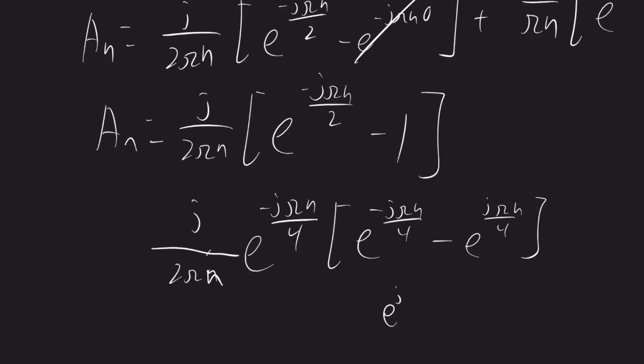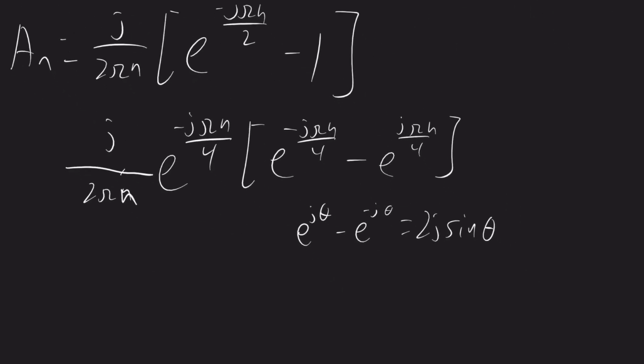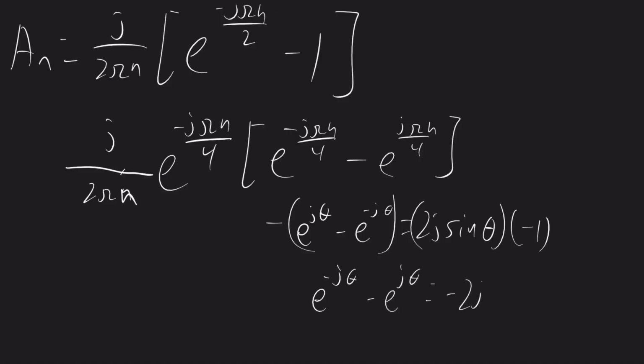So from Euler's formula, we know that e to the j theta minus e to the negative j theta is equal to 2j sine theta. However, this e with the negative exponent is positive when it should be negative, so we'll multiply both sides of this equation by negative 1, and we'll get e to the negative j theta minus e to the j theta is equal to negative 2j sine theta.